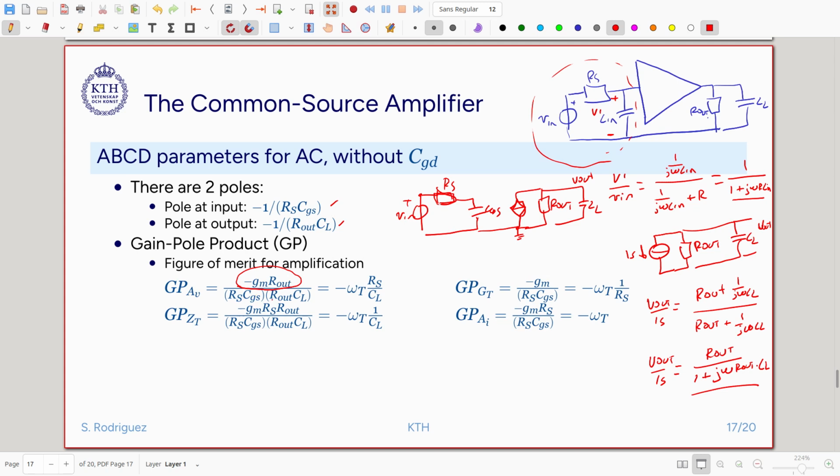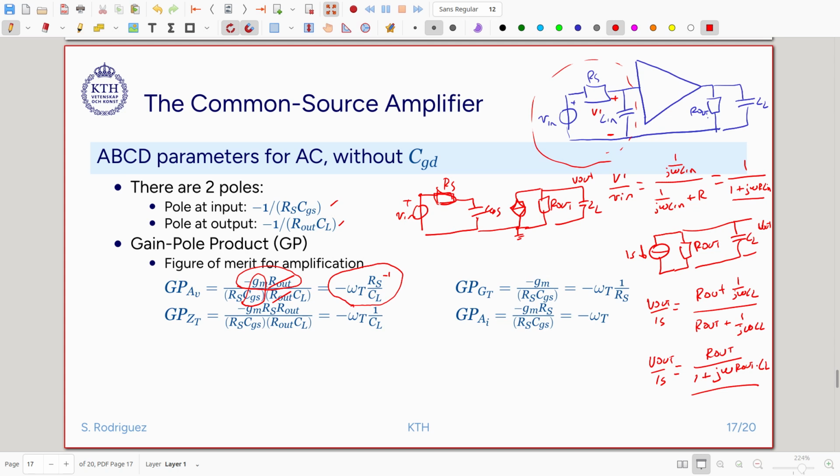So we put the position of the poles here, and when we multiply the low frequency gain and the poles, this RS will disappear, and this is approximately the transient frequency. So the gain times the position of the poles will give me this value, and this is a figure of merit.